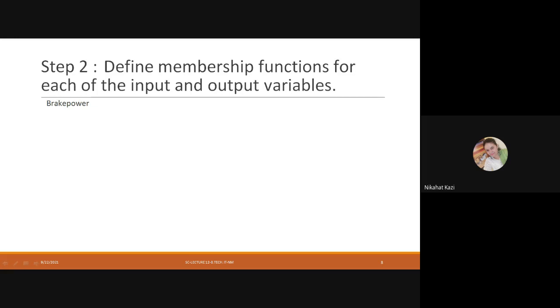So for brake power, this is 20, 20, and then we have 80 and 100. So this is our z variable. This is mu of z. Again, four functions.